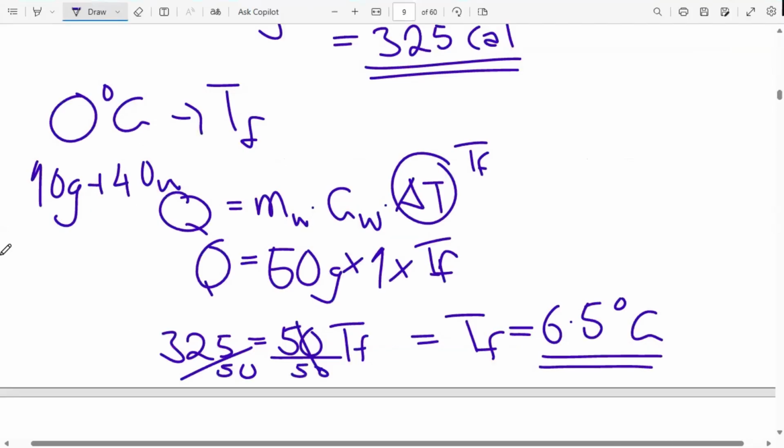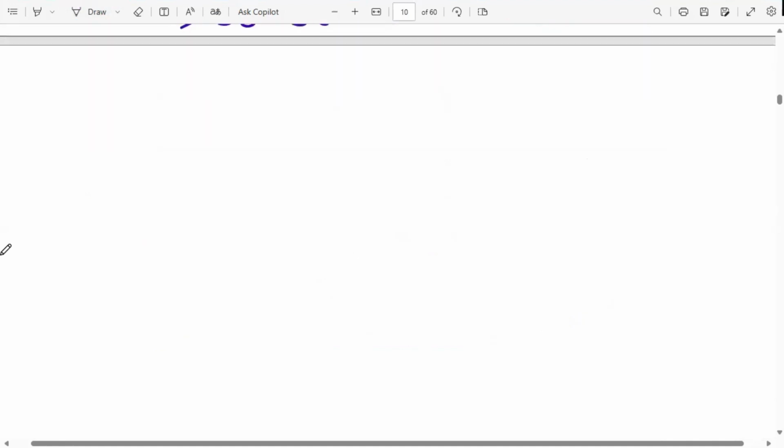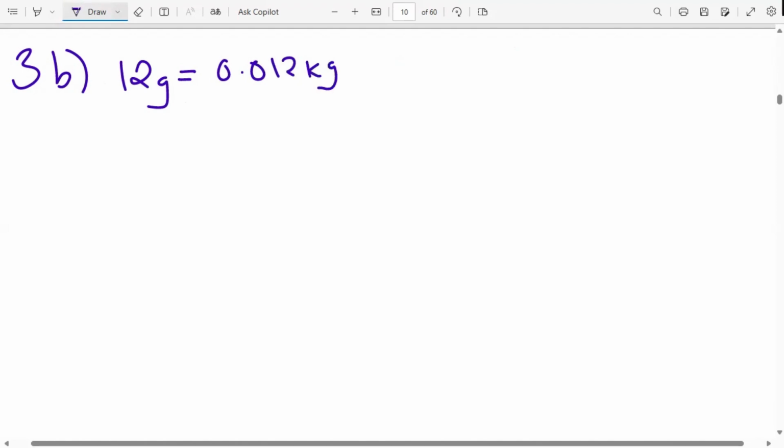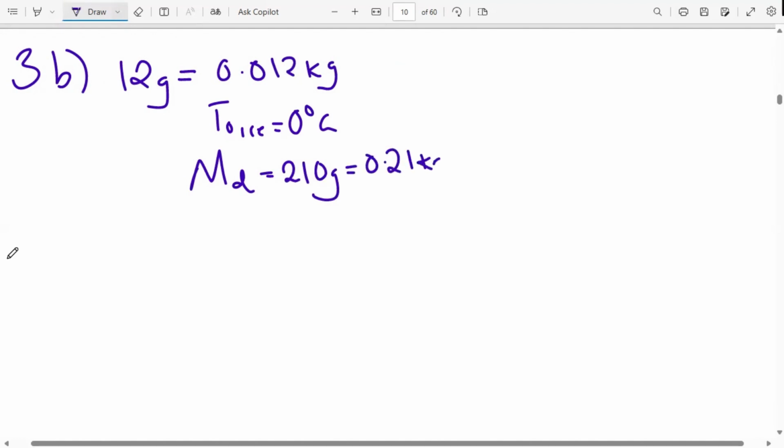First things first, let's gather the data that we've been given. So this is question 3B. They've given us 12 grams of ice, which you can convert into kilograms. Then you have 0.012 kilograms of ice. They've also given us the initial temperature of ice, T0 of ice, say this is 0 degrees Celsius. They've given us the drink, and the mass of the drink is 210 grams, which is the same as 0.21 kg.